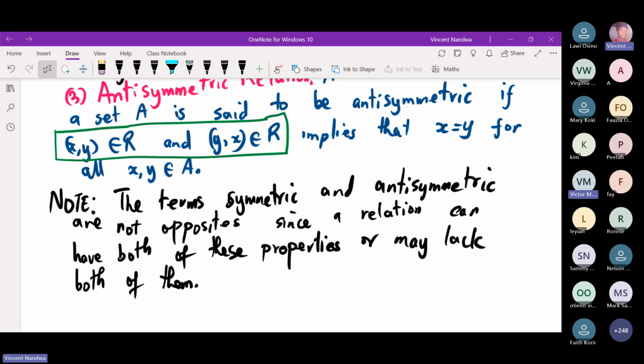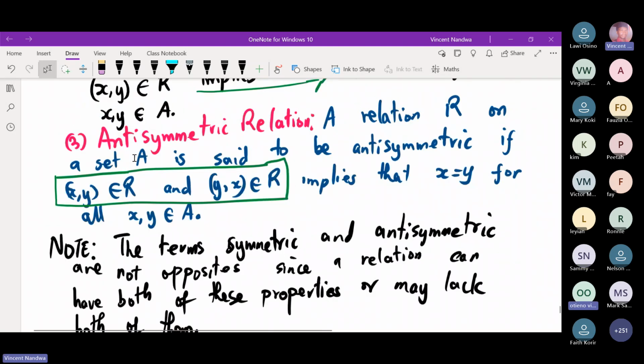So I would like us to do the classification of the previous example from R1 to R6 as to which ones of them are symmetric and which ones of them are antisymmetric. Because I'm the only one who is allowed to be lazy, I'll not rewrite them.